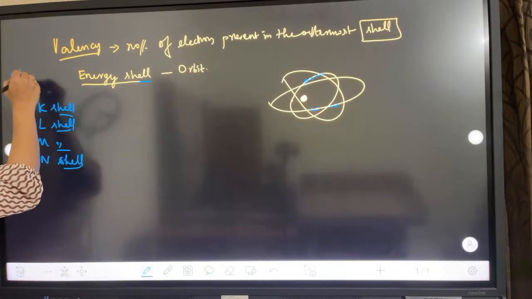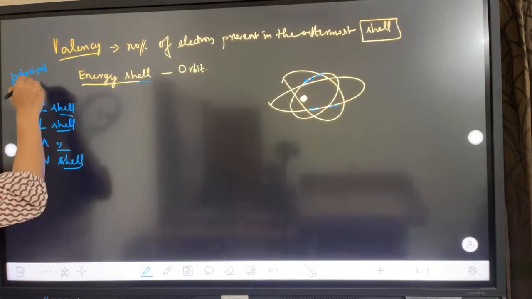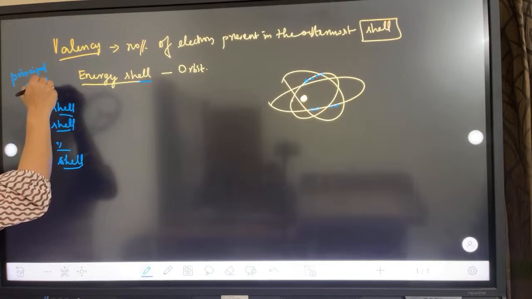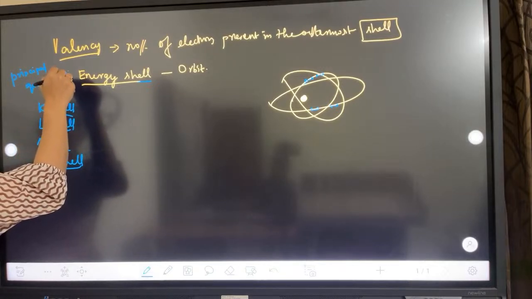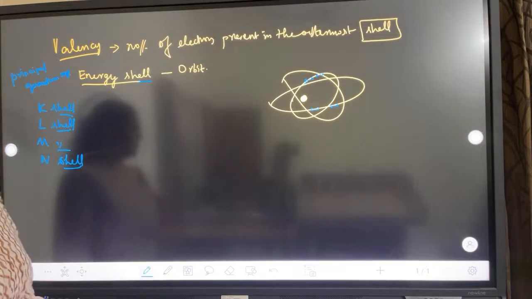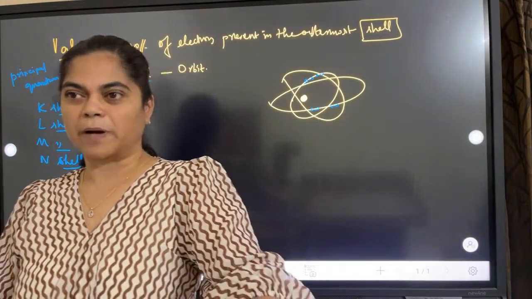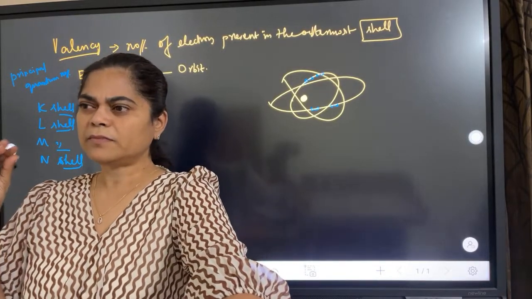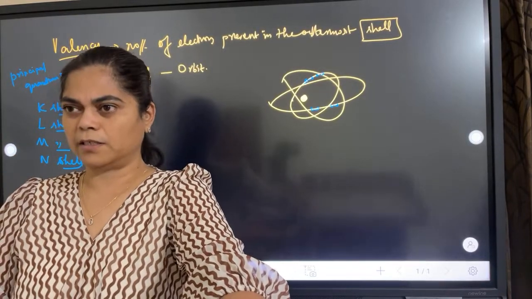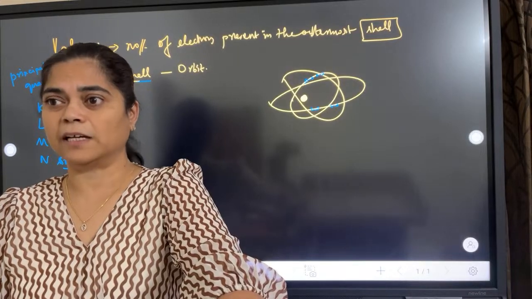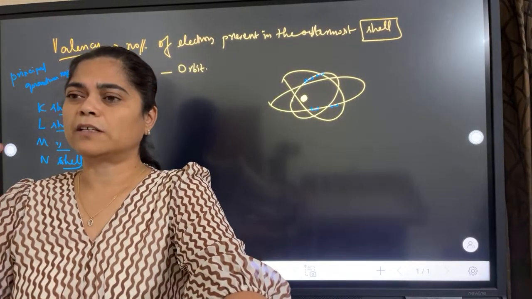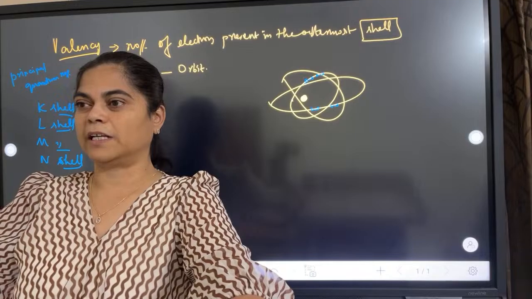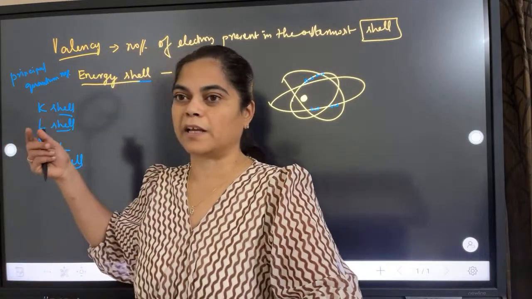Actually, it is known as the principal quantum number. Why do we call it a quantum number? Because you can't take any one atom out of a material. It is impossible. You can take a sample, a quantity, a quanta of atoms. So it deals with quantum mechanics.